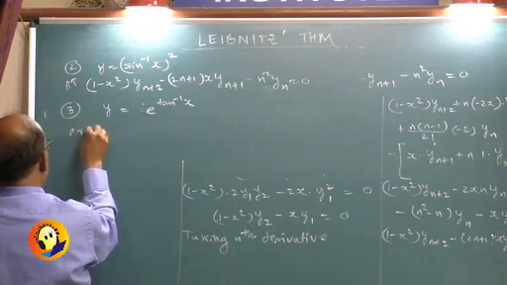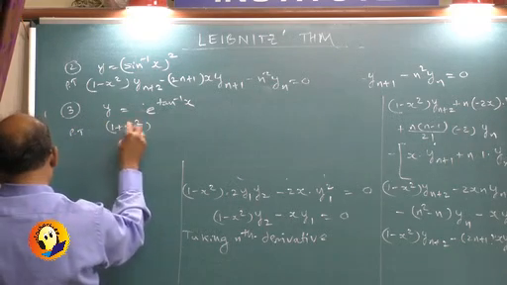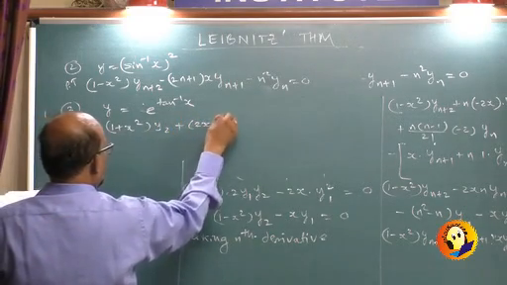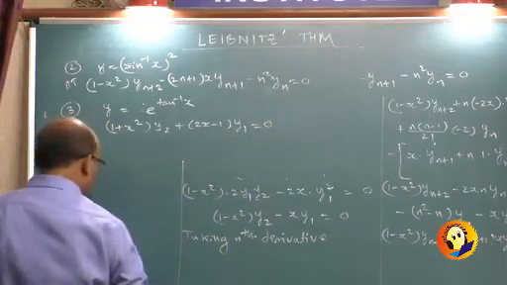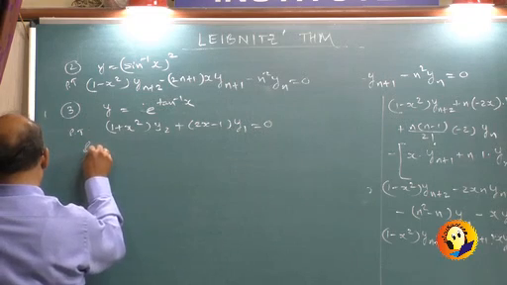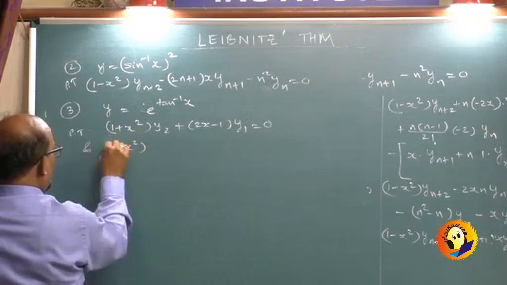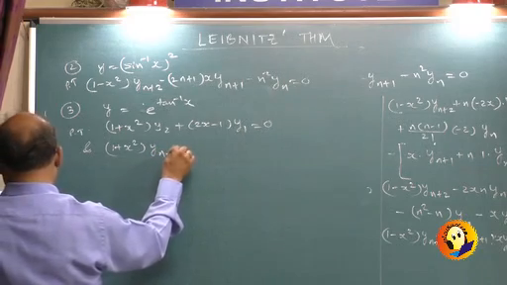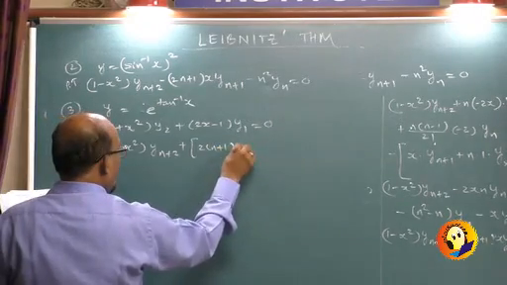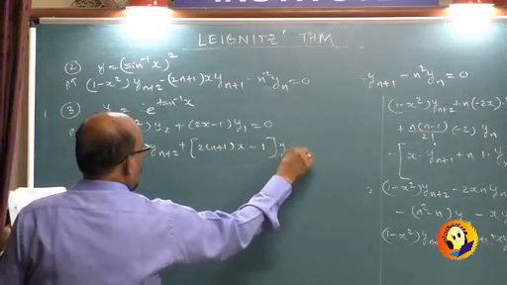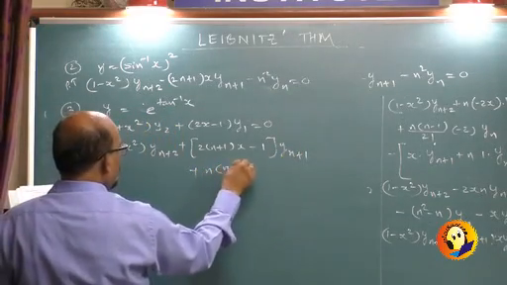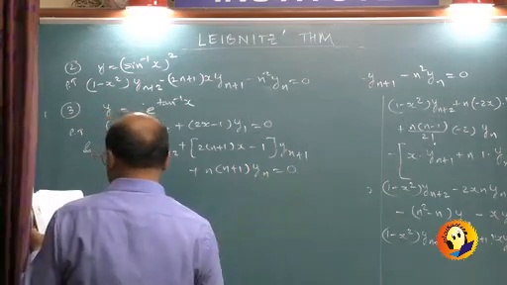Prove that 1 plus x square y2 plus 2x minus 1 y1 equal to 0, and 1 plus x square yn plus 2 plus 2 into n plus 1 x minus 1 yn plus 1 plus n into n plus 1 yn equal to 0.